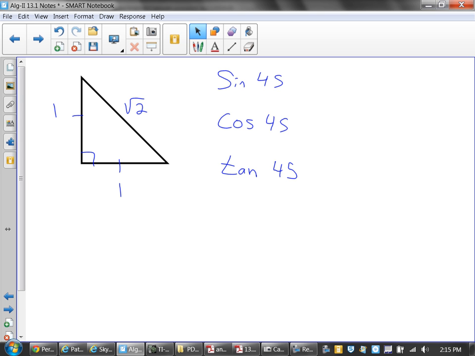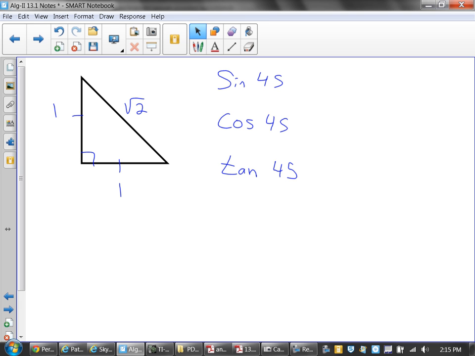What's halfway between pi and 0? Half pi, so it's pi over 2. What's going to happen is we're going to start working in terms of radians, and there's going to be sets of ordered pairs that make this work. And we'll get to that. I just wanted to give you an idea of where this is going.